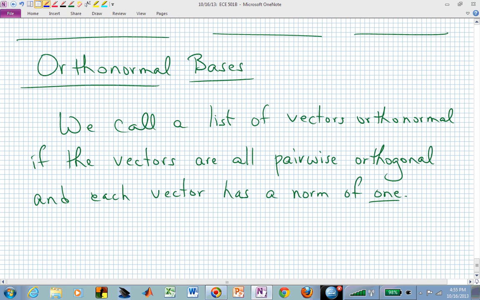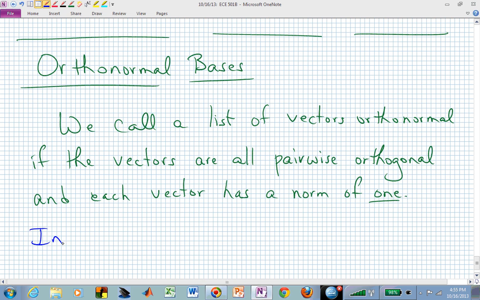That's then going to be a list of orthonormal vectors. They're pairwise orthogonal, and we know what that means. Their inner product is 0. And we know how to find the length of each vector. That's just the norm of that vector. Depending on how we define the inner product, we'll just divide by that length. So if it was of length 100, we divide it out, and now we have a vector that's of length 1.